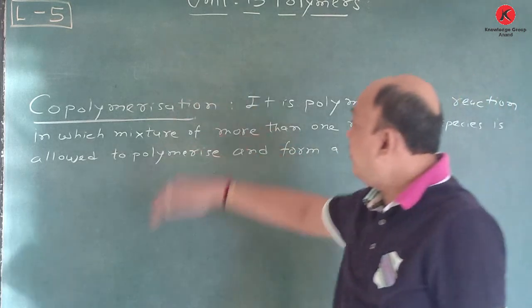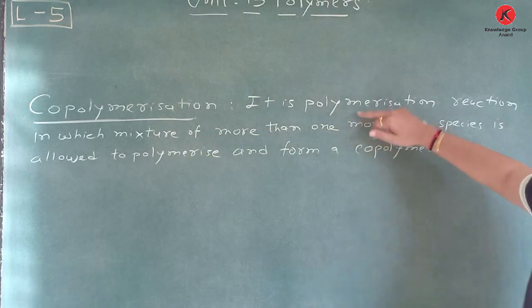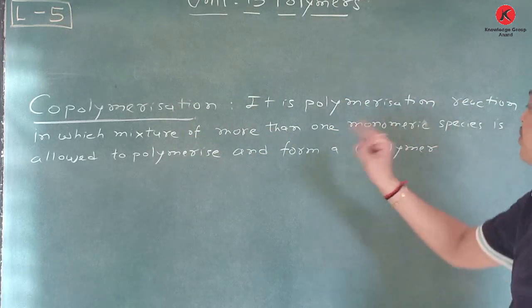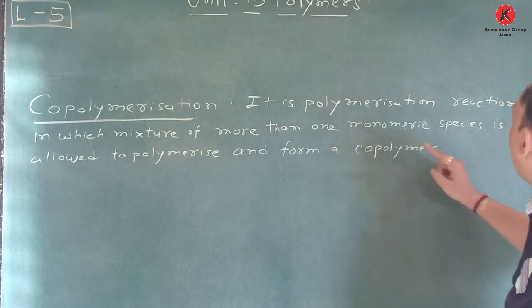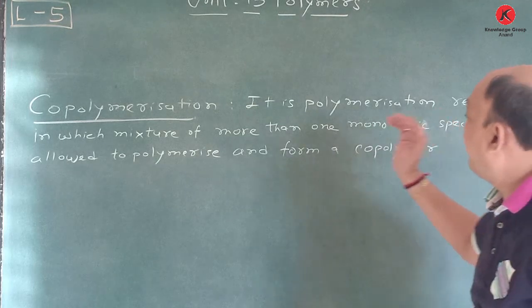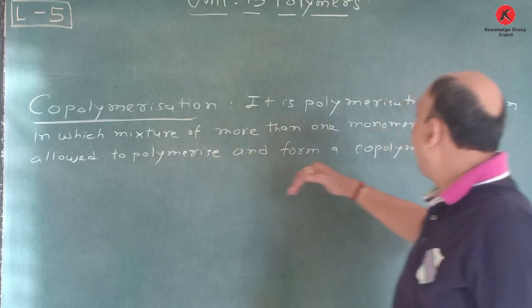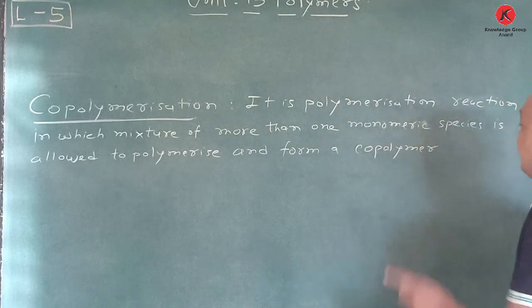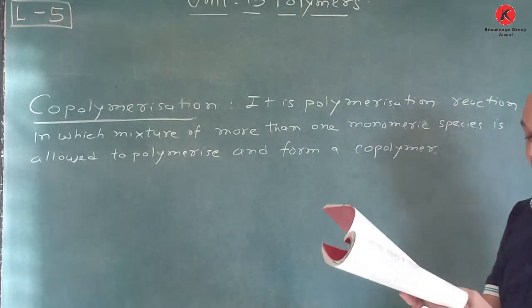Okay, so you write this down. Copolymerization is one type of polymerization reaction in which a mixture of more than one monomeric species is allowed to polymerize and form a copolymer. Okay, so this is about copolymer.